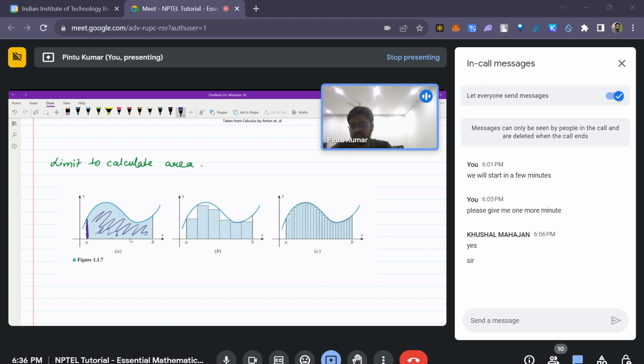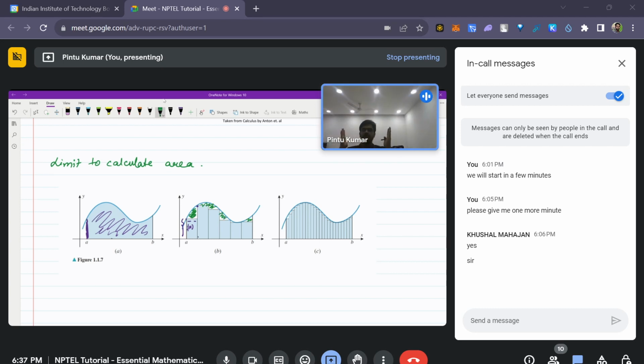One way to do that is, you know the area of a rectangle. This height would be f of A, and this width you have fixed beforehand. So you know the area of this rectangle. What you can do is, at some distance you can measure the height, draw these kinds of rectangles, calculate their area and sum it up. But you see there is a lot of error in this estimation. You see error over here and so on.